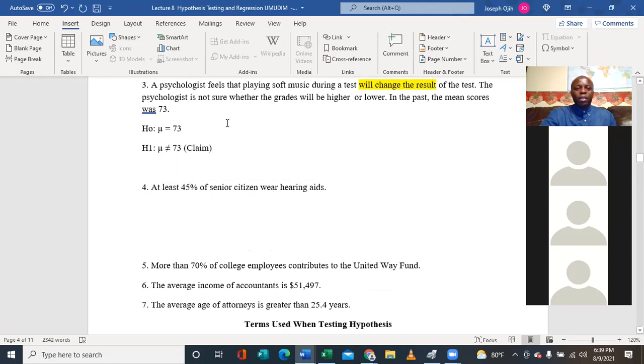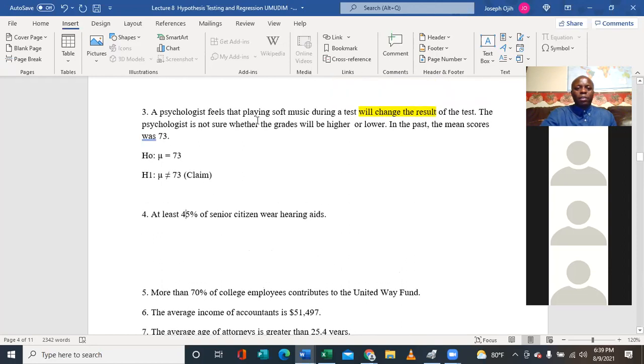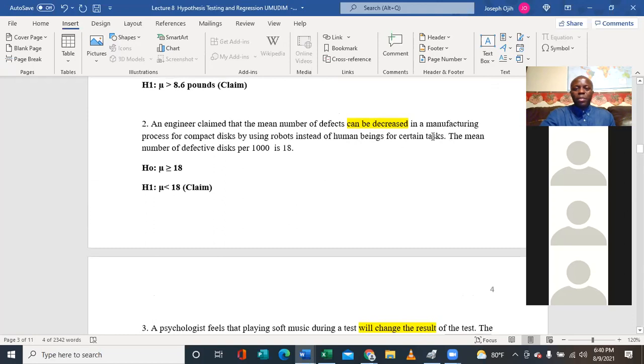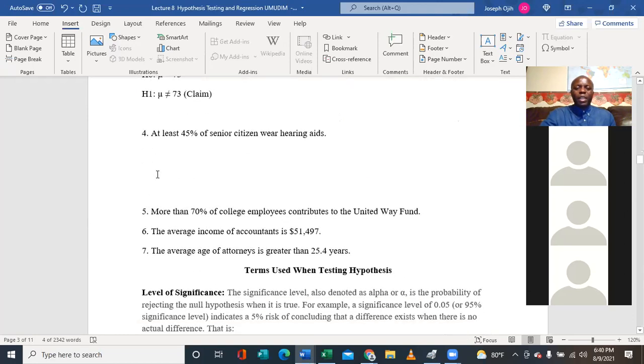Unlike here, when the psychologist feels that playing soft music will change the results, the mean scores are something. That means we are talking about mean. Here, we're talking about percent, proportion. In that case, we have our H0 and H1.